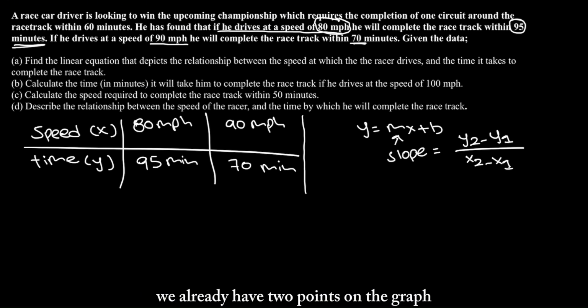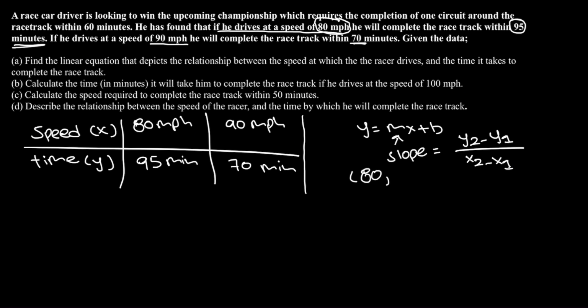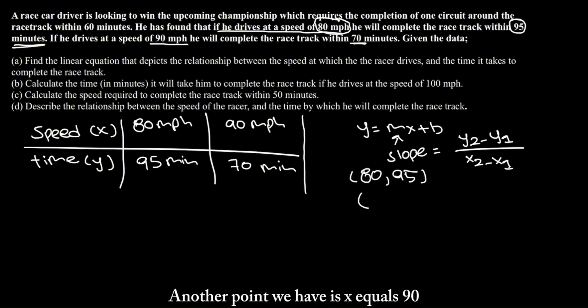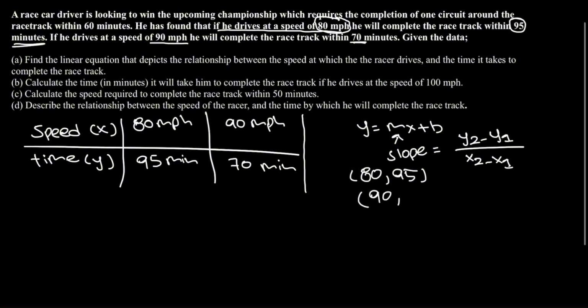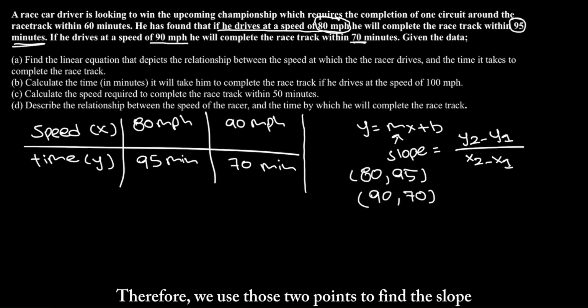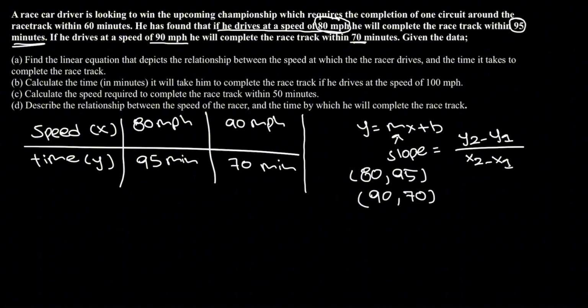We already have 2 points on the graph, and that is x equals 80 and y equals 95. Another point we have is x equals 90 and y equals 70. Therefore, we use those 2 points to find the slope.